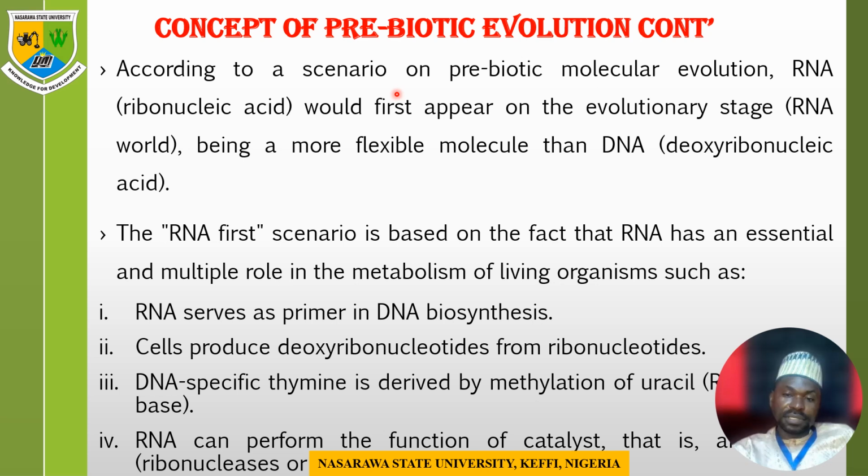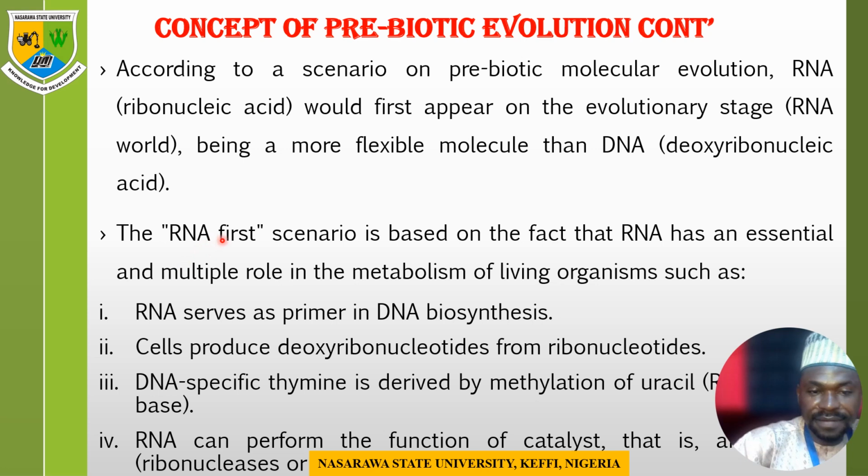Now, according to another scenario on the prebiotic molecular evolution, the RNA world comes first. RNA is a genetic material referred to as ribonucleic acid. That particular theory says that RNA appeared before DNA. Why? Because RNA is more flexible than DNA. DNA is deoxyribonucleic acid.